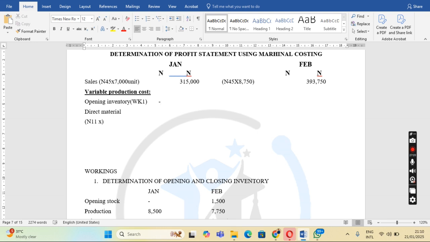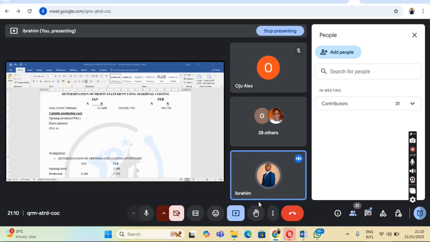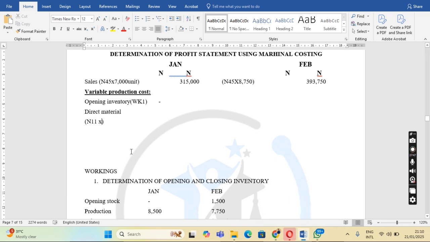Is that not so? So now, after this is established, let's go back to our direct material cost. Direct material cost attributable to production. I just want us to finish January before we move to February. Now, direct material is attributable to production.